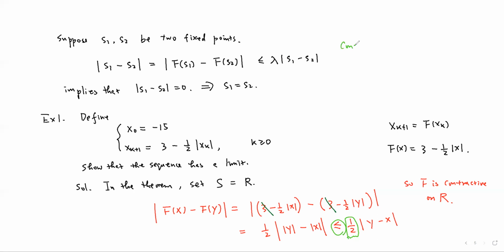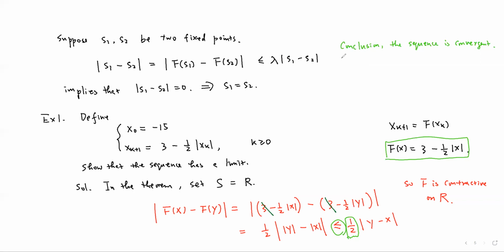Conclusion. The sequence is convergent. Right? The sequence converges to some number. The number is the fixed point of this function.